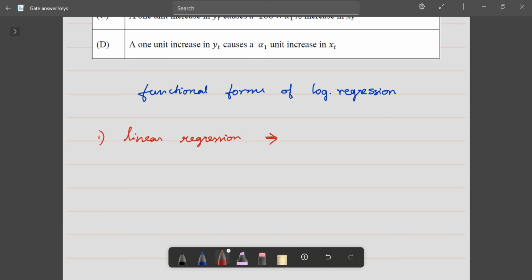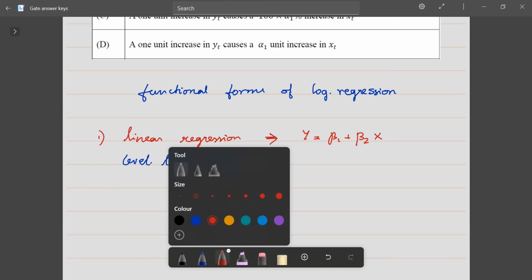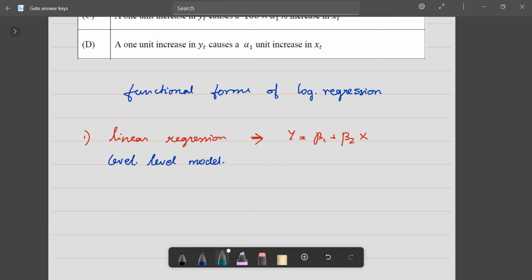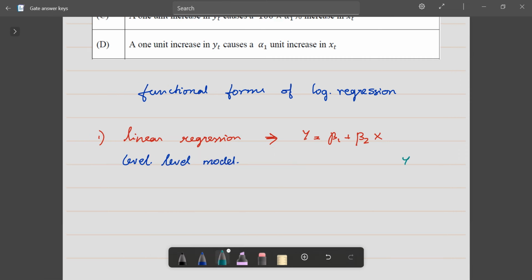So what is the general form of linear regression? Y is equal to beta 1 plus beta 2 x. This is otherwise known as level model, because both y and x, y is the dependent variable and x is the independent variable, are in the level form.